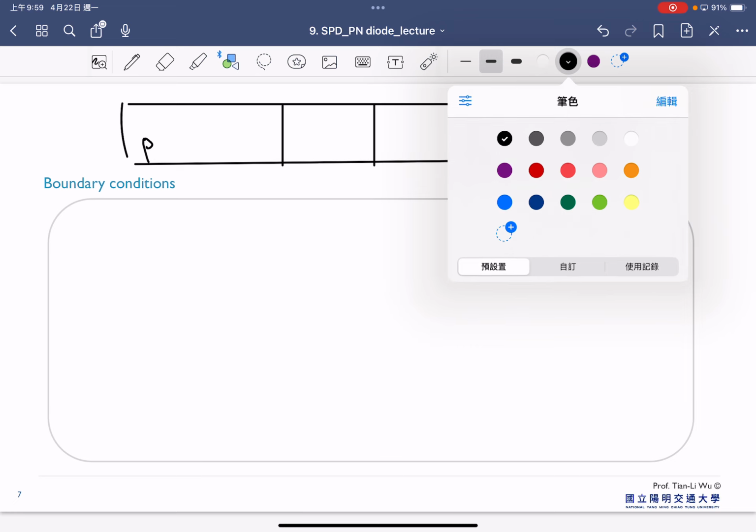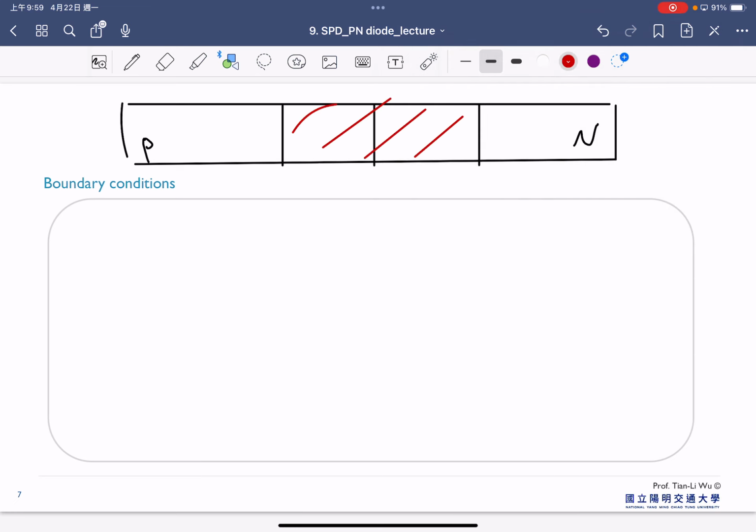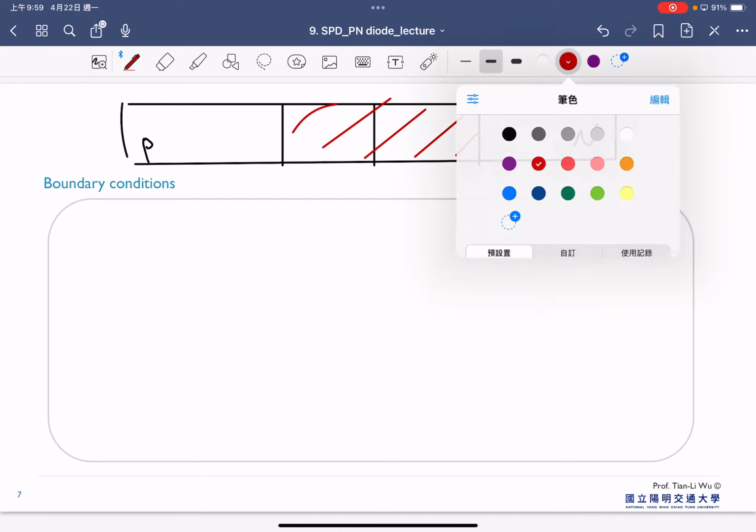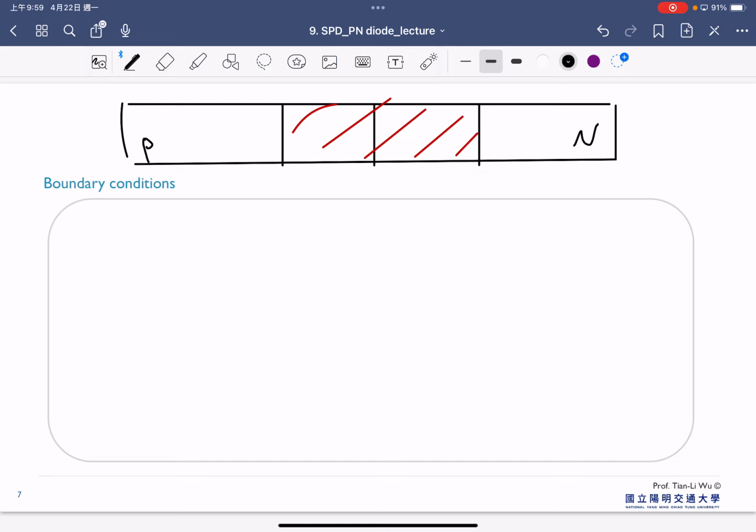So this is our depletion region. Now we try to plot the concentration of the different types of carrier with respect to location.